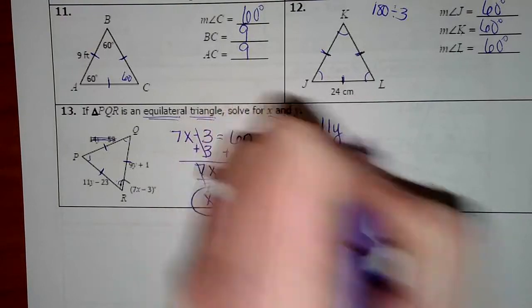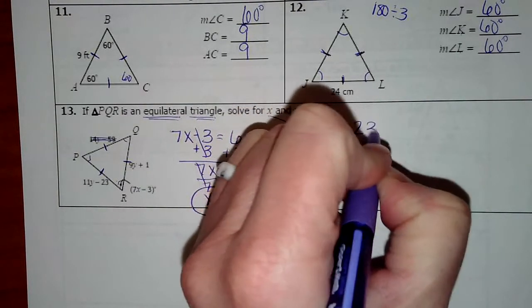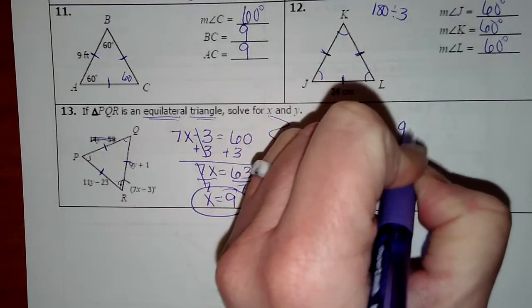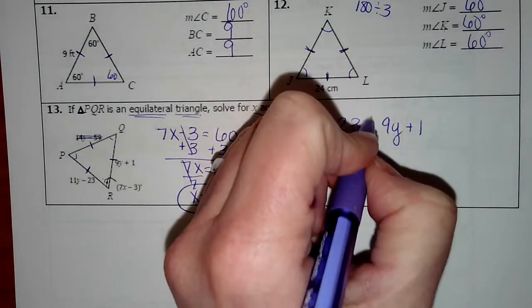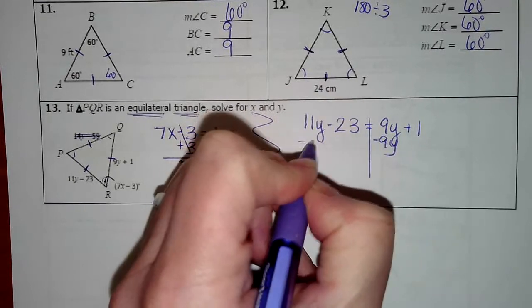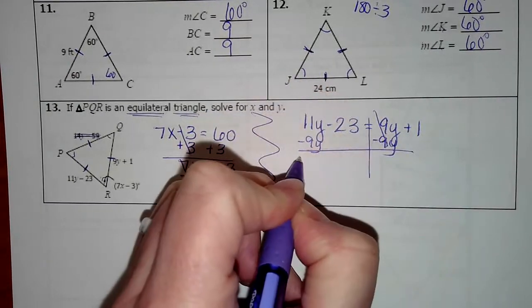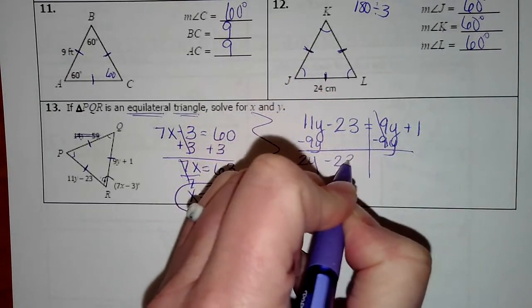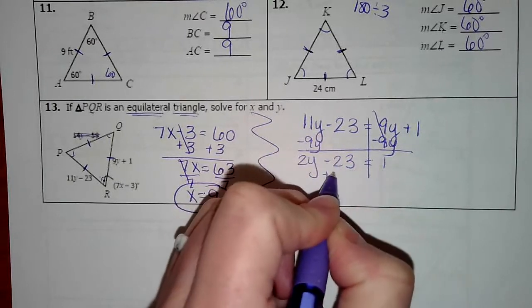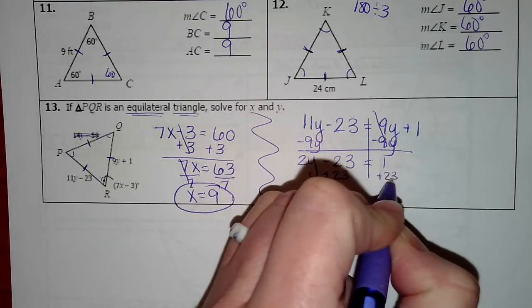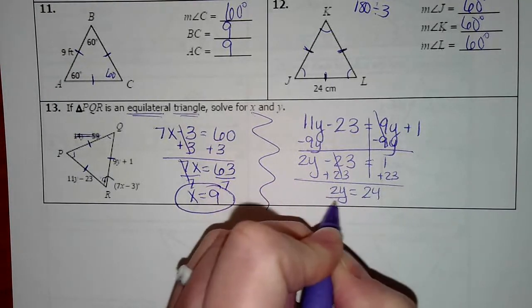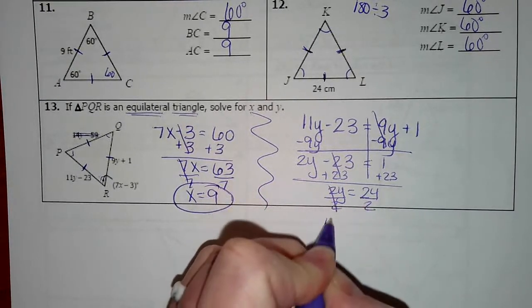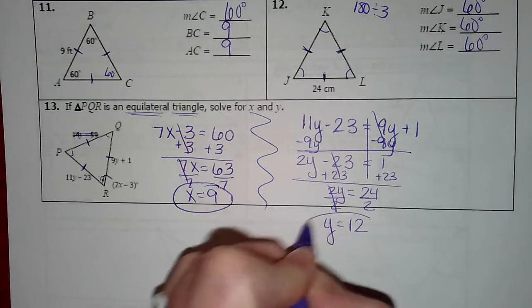So you take 11y minus 23 equals 9y plus 1. So you have a multi-step equation here. Subtract 9y. 2y minus 23 equals 1. Add 23. 2y equals 24. And then divide by 2. And you get y to equal 12.